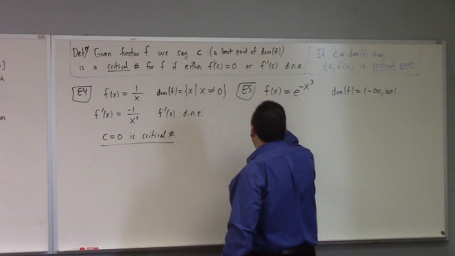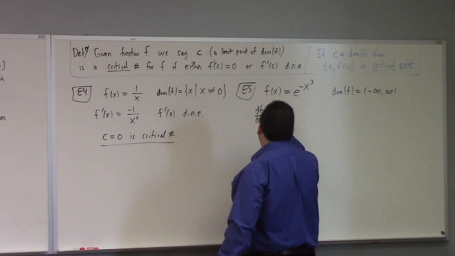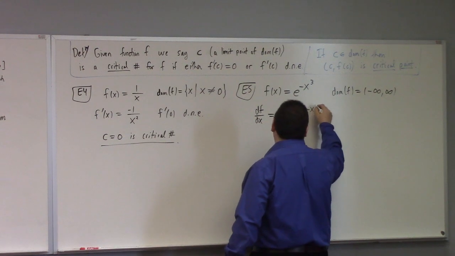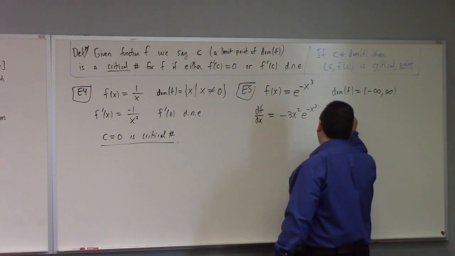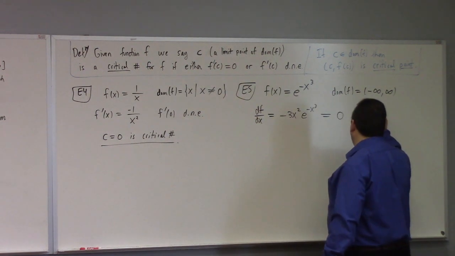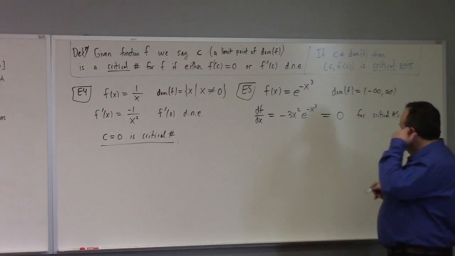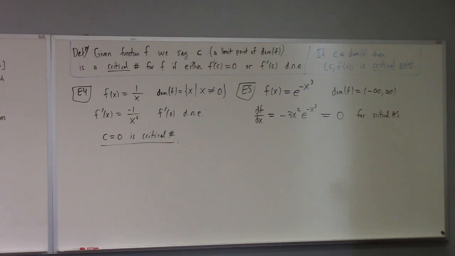Well, let's calculate. df dx is minus 3x squared e to the minus x cubed, right? So if I set that equal to 0 for critical numbers, when is that 0? Well, the exponential is never 0.